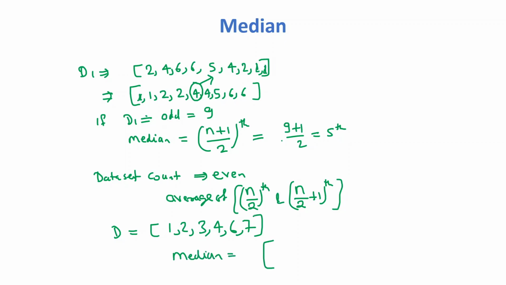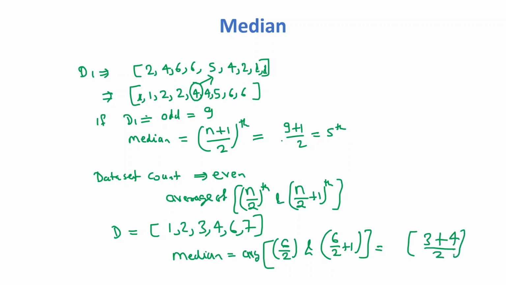The median would be the n divided by 2 value, 6 by 2, and the 6 by 2 plus 1 value, the average of these. So 6 divided by 2 is 3, and 3 plus 1 is 4, so the average is 3.5.